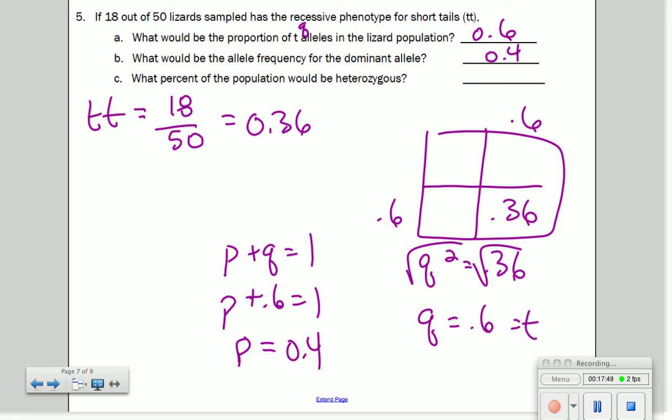What percent of the population would be heterozygous? So for heterozygous, that's 2pq. So 2 times 0.6 times 0.4, you should get 0.48.